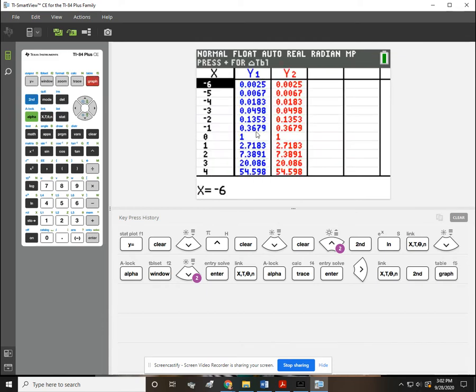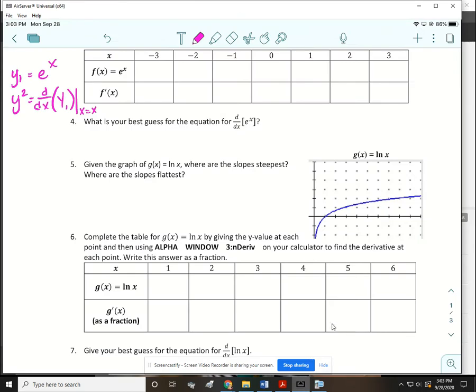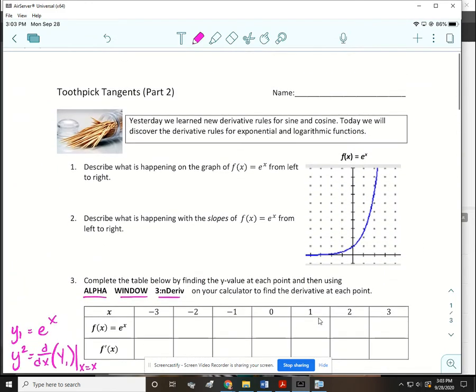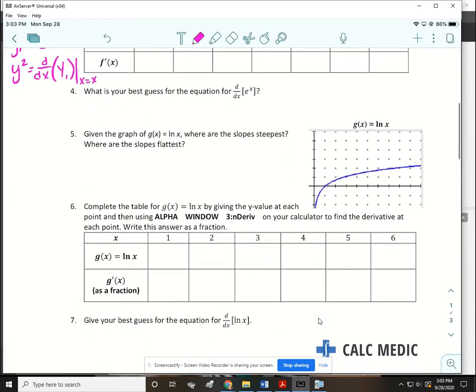So y1 is e to the x, and y2 is the derivative of e to the x. I'll let you figure that out on your own. And then same thing for number 6. So go ahead and pause the video and do that front side, do the toothpick tangents part 2, and then pick back up.